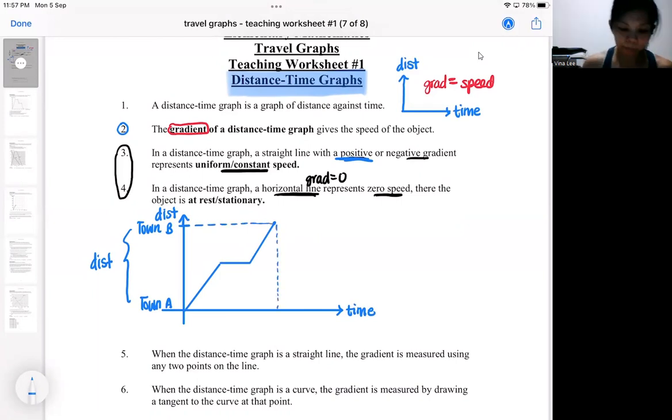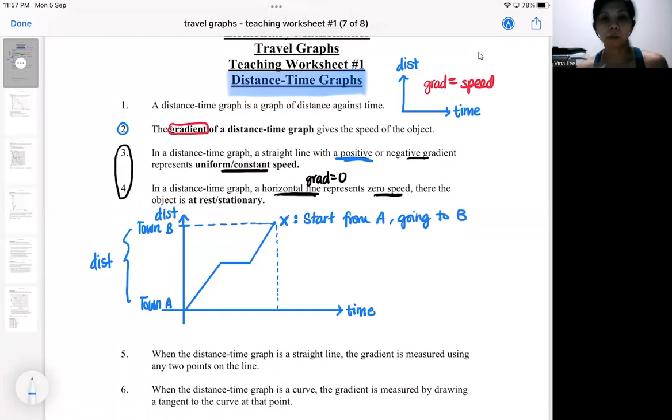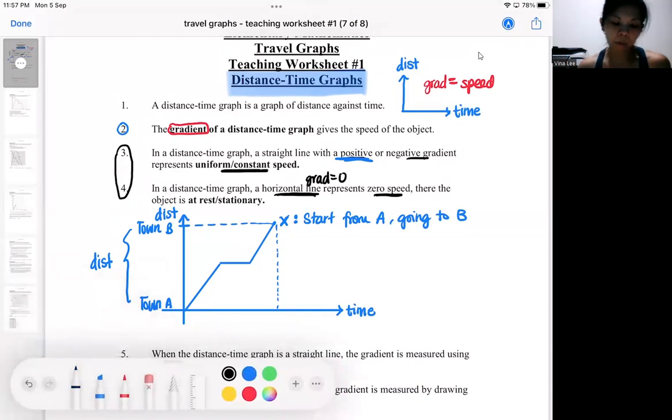For this person X, maybe X starts from A, and this person is going to B. You can read off the distance if they provide you with the data. How does this person X start from A?